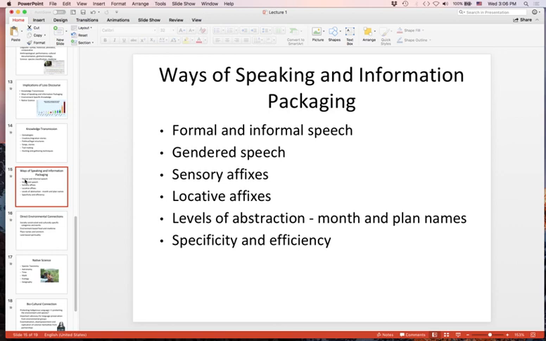Next is ways of speaking, and Harrison again looks at some of how our changing speech has resulted in reduced vocabulary. If a community is very involved in reindeer herding or some other practice, they may have hundreds of words for different aspects of reindeer herding and feeding and carrying and birthing and all sorts of things.